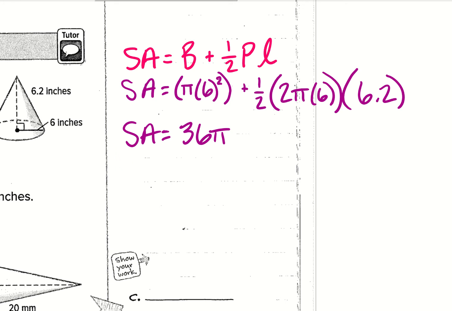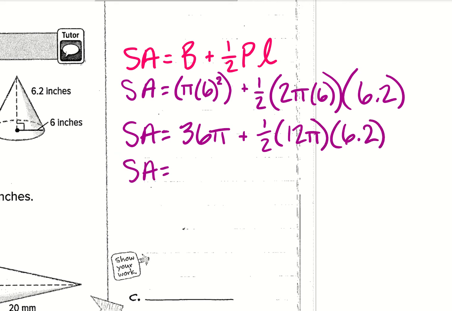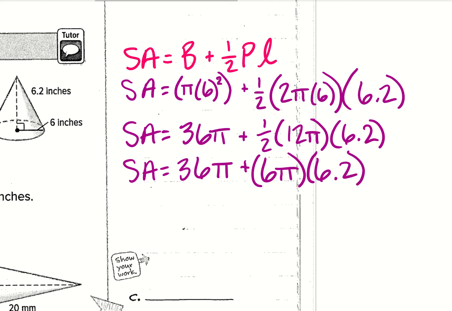And then we've got 1/2 times 2 pi times 6, which is the same thing as 12 pi, and then times 6.2. I'm going to simplify a bit further. So 1/2 of 12 pi would be 6 pi, and then times 6.2. Now at this point, I need to plug into my calculator.